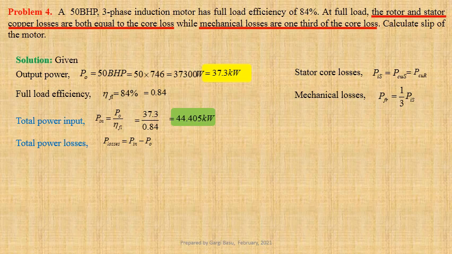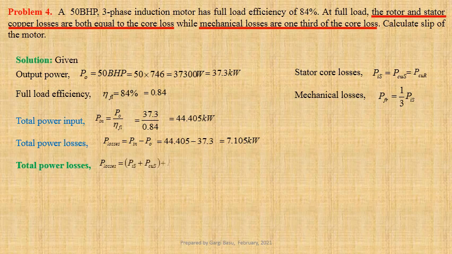Using values, we get 44.405 minus 37.3, that is equal to 7.105 kilowatt.